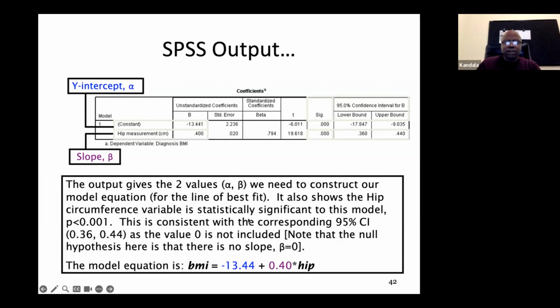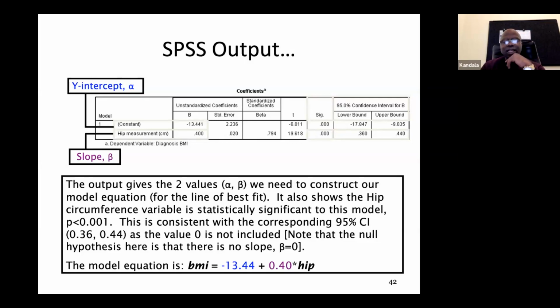What does this mean? So these are our regression analysis for our BMI and IP.